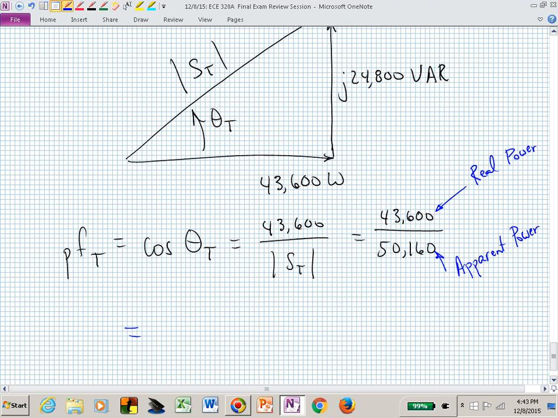Leading or lagging and the numerical value. You need two pieces to the power factor. What piece can you immediately tell me relative from seeing this triangle or from seeing that ratio? It's lagging, isn't it? The Q is positive. And if you compute that ratio, you end up with a power factor total being 0.869 lagging.